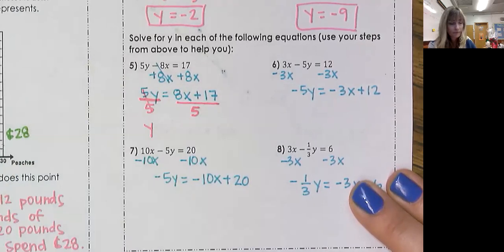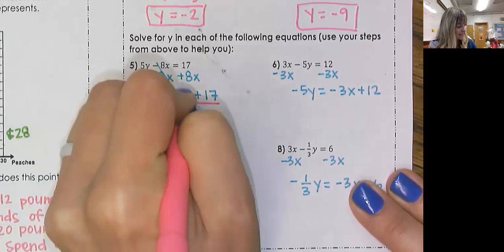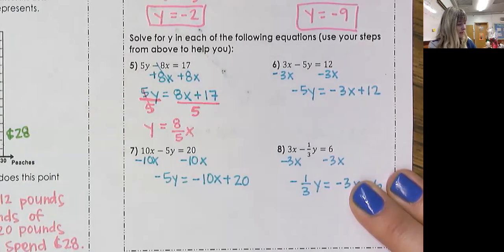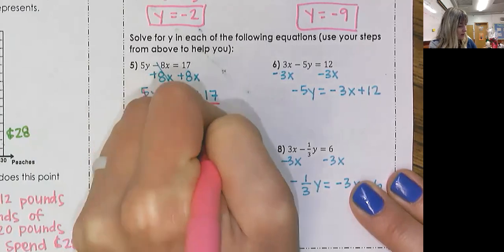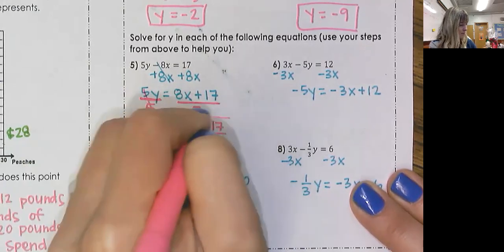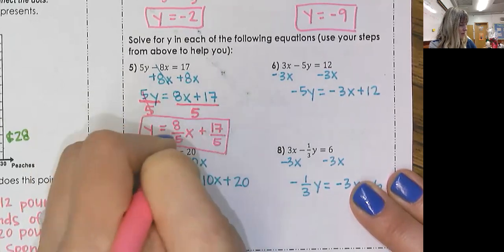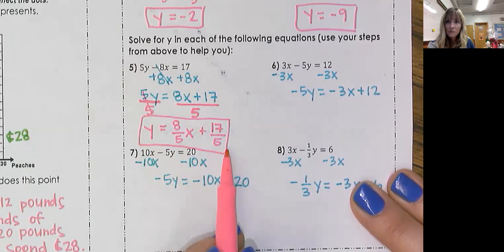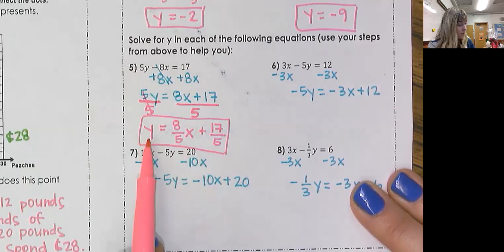That turns to 1. This is now, and I'm just gonna leave it as a fraction, that's now 8/5 x, but this is now 17/5. So you can write a big divide bar and then show yourself, hey, wait, doesn't that look familiar now? Doesn't that look like y equals mx plus b?